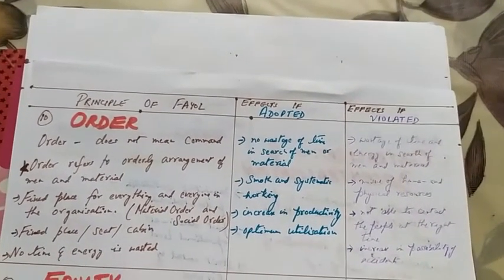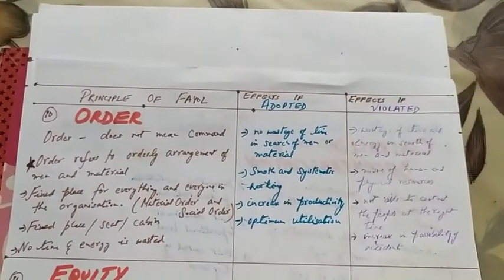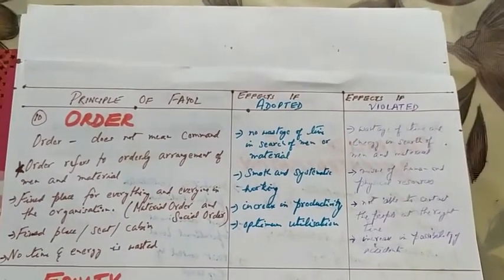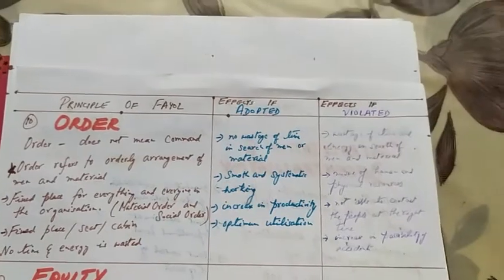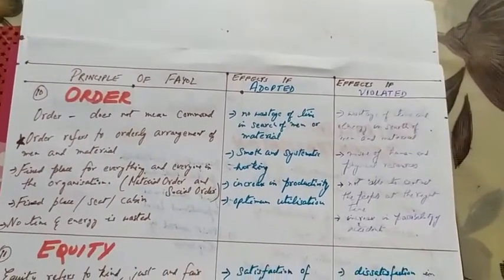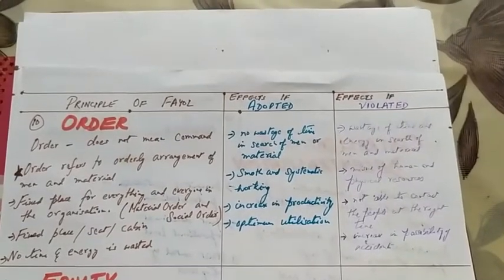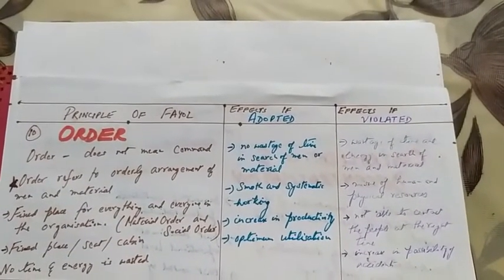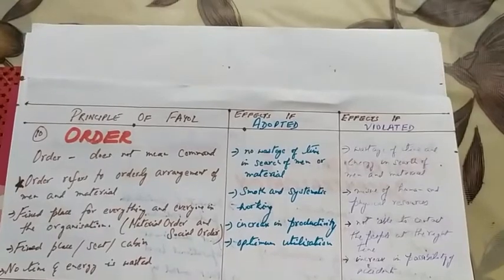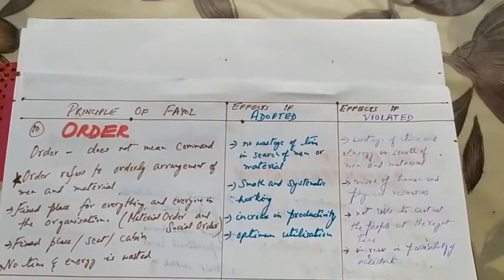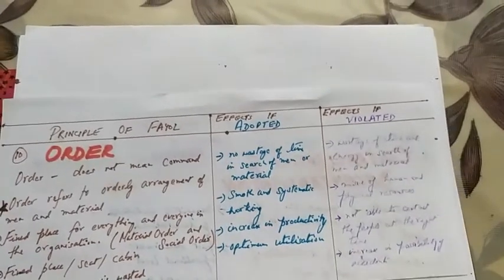It will save his time and energy, and it will bring efficiency in his work. Otherwise the worker will keep wasting his time to search for the tools, and if the supervisor also may not guide him properly, then it will be wasting a lot of resources of the organization.